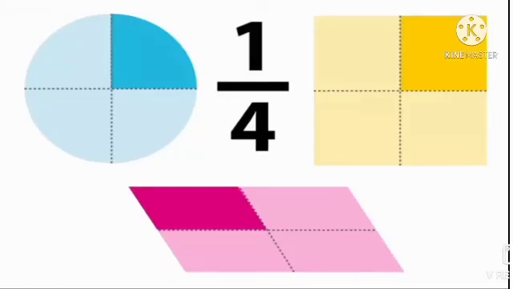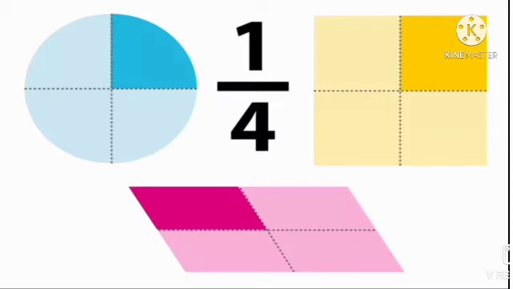Let us see some more examples. Here, the first shape is a circle, the second shape is a square, and the third one is a parallelogram. All these shapes are divided into 4 equal parts. 4 represents the denominator, the total number of parts. And one part is shaded darker than the others.